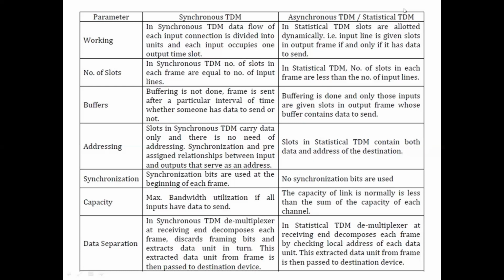This extracted data unit from the frame is then passed to the destination device. In asynchronous TDM, the demultiplexer at the receiving end decomposes each frame by checking the local address of each data unit. This extracted data unit from the frame is then passed to the destination device. So how data is separated is another parameter where synchronous TDM and asynchronous TDM differ.